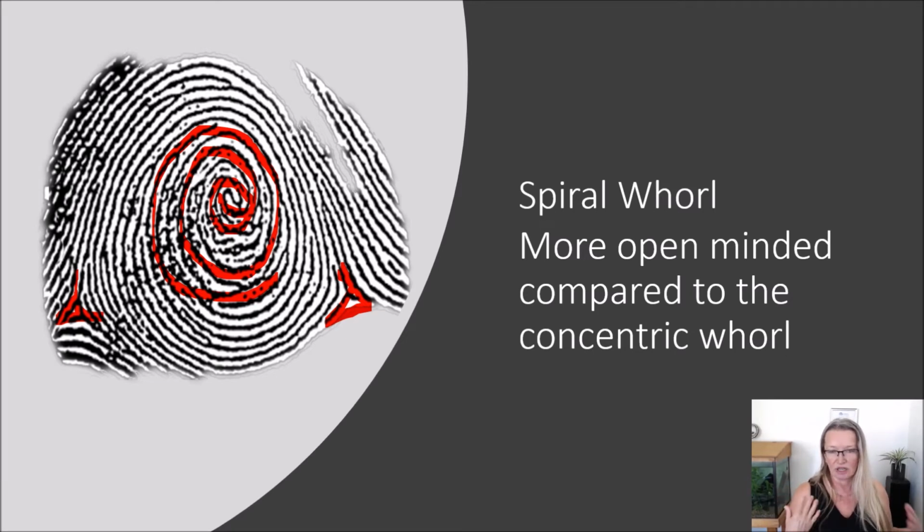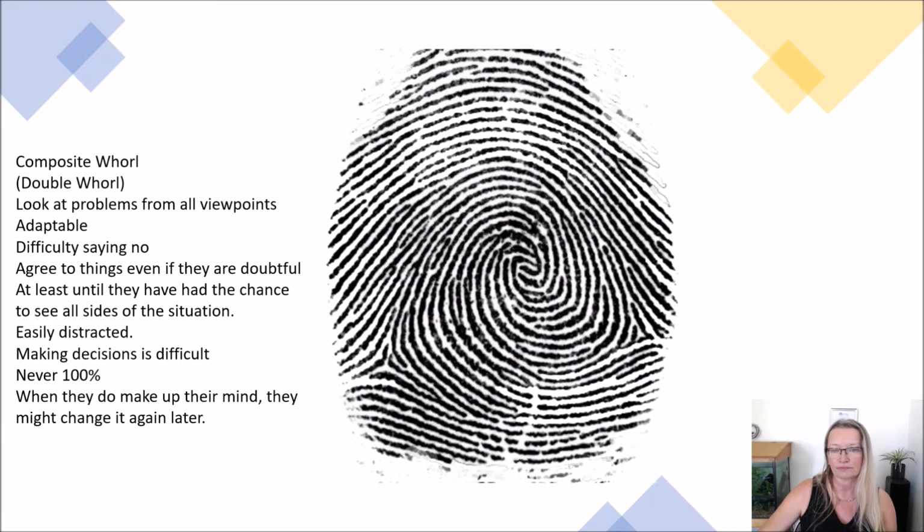The person is a little bit more open-minded. They're not as selfish as the concentric whirl, so it's just slightly more easygoing, basically. So that is the spiral whirl, which is sometimes also called the plain whirl.